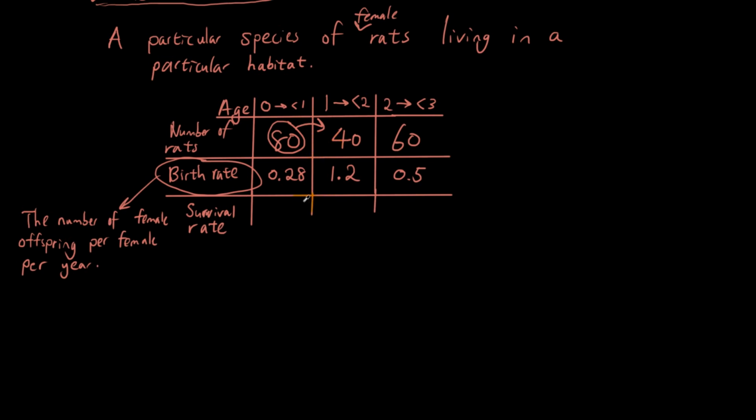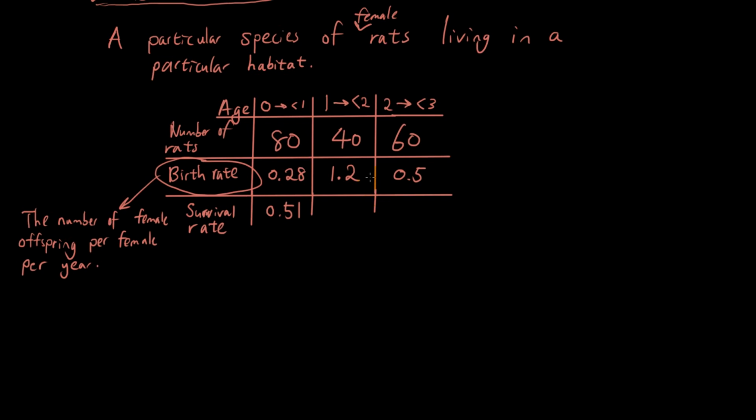So out of the 80 rats, 0.51, so 51% of the 80 rats, will move on to the next age group after 1 year.